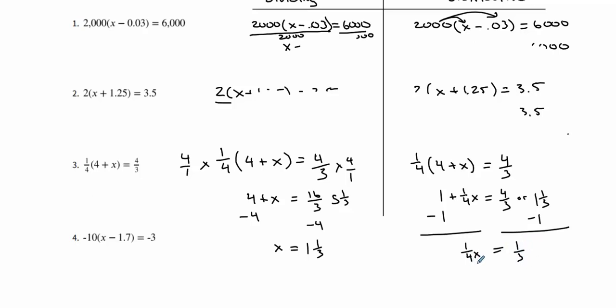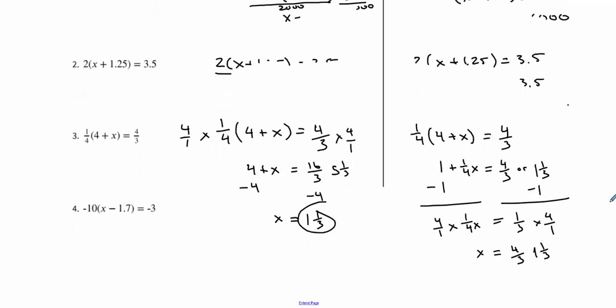So now I need to divide by 1/4 or multiply by 4/1. So I end up with x is equal to 4/3. I think both of those were pretty easy. 4/3 is the same as 1 and 1/3, which I got here.